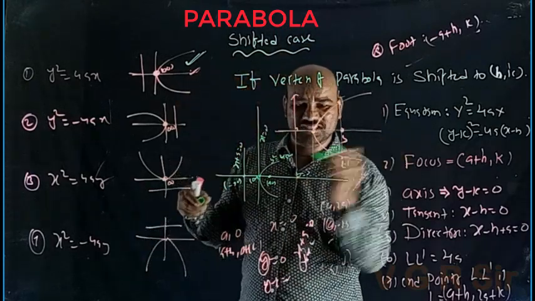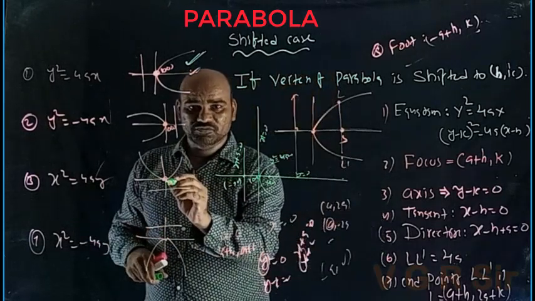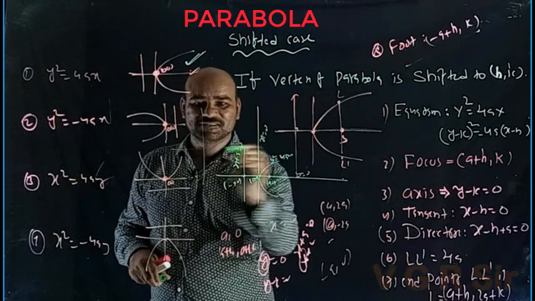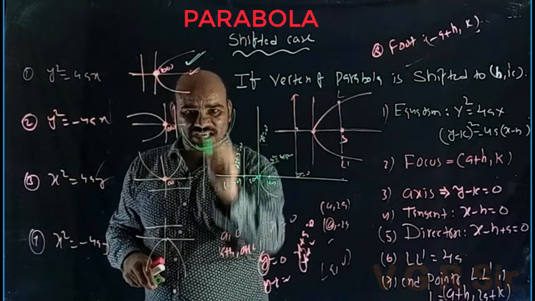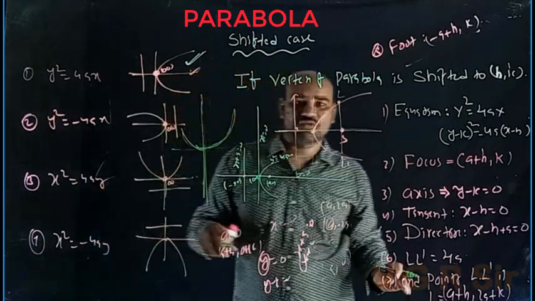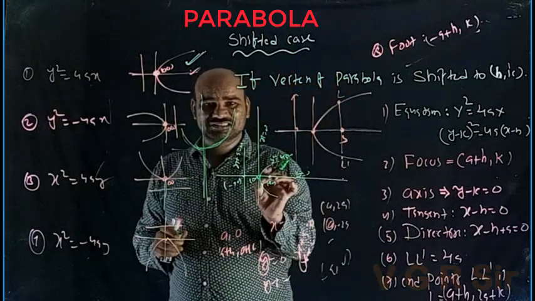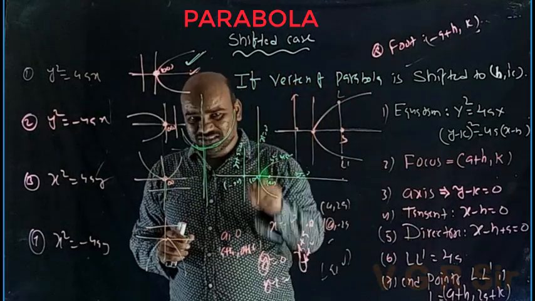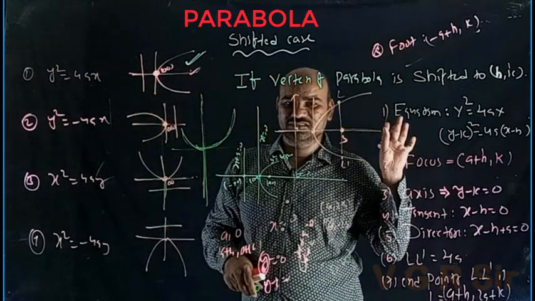The axis is parallel to the x-axis. In this case, if the vertex is shifted to h comma k, this is new. So what happened? This is the axis. This is parallel to the y-axis. Means for all 8 situations, your axis is either the x-axis or y-axis or a line parallel to the x-axis or y-axis only.